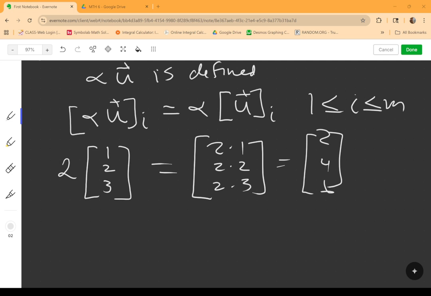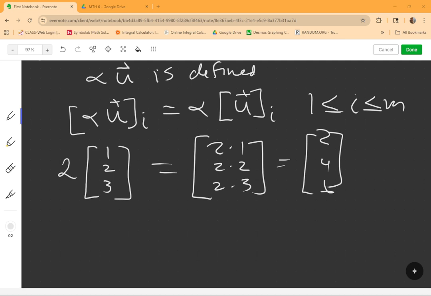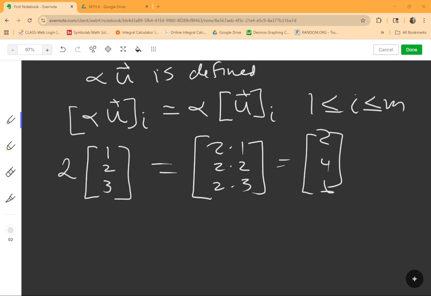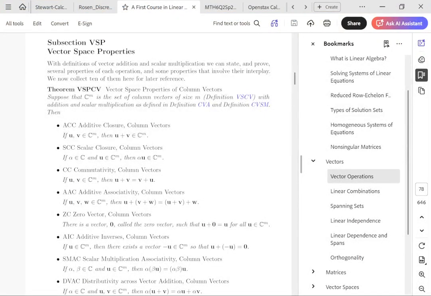All right, so here, a vector space. Let me switch over here to our textbook. Okay, and we're going to look at the properties of a vector space. So this is subsection VSP, vector space properties.